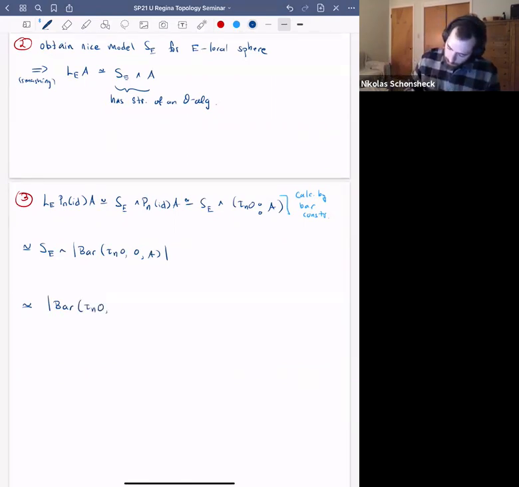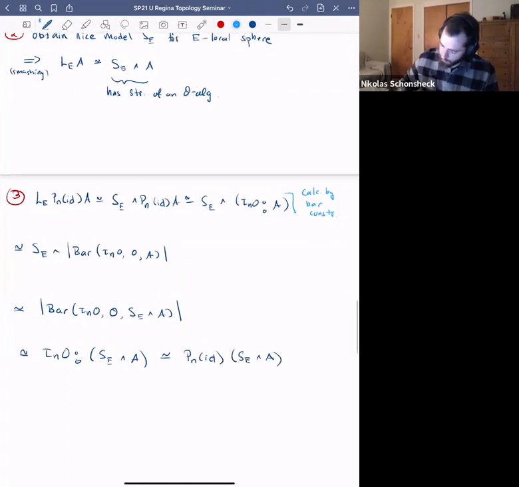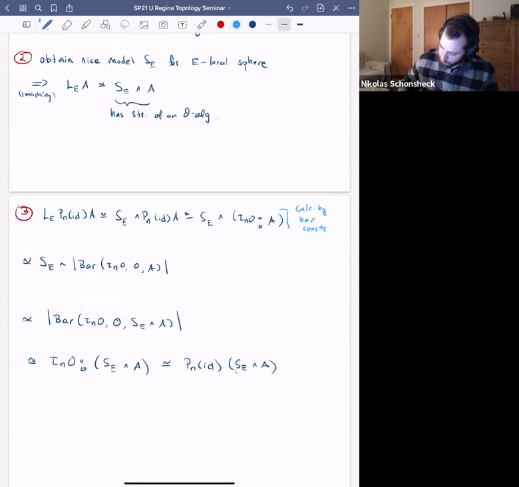But we are able to do that. And then we go back. So this is the same as the Taylor tower of the identity of this guy, with this being weakly equivalent to the E-localization of A.